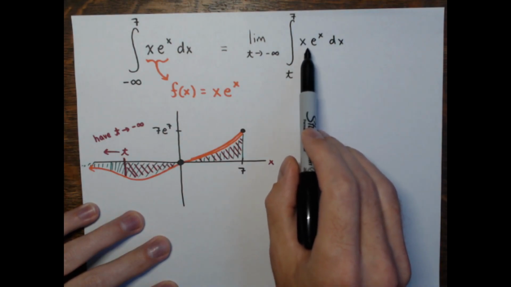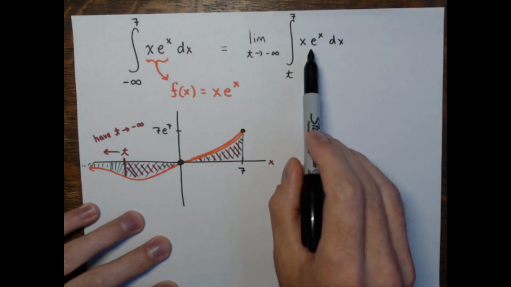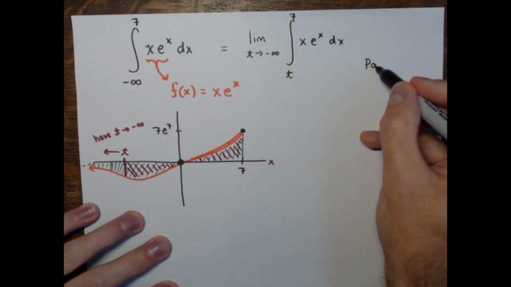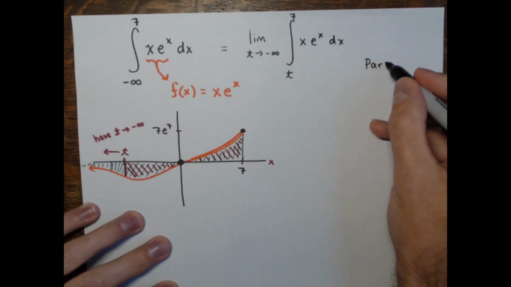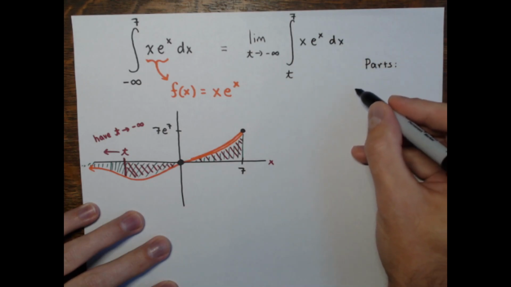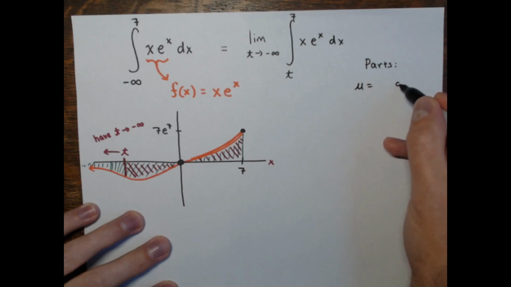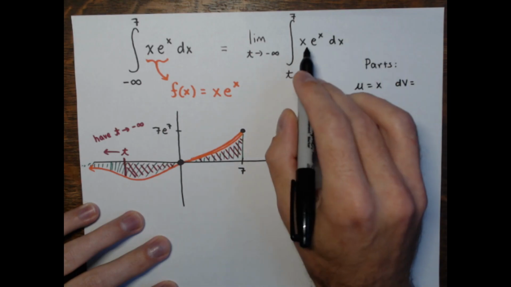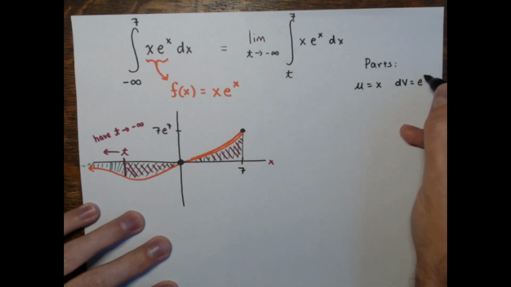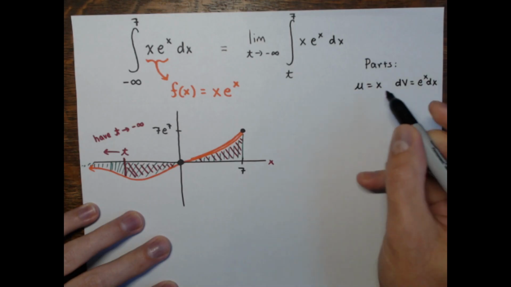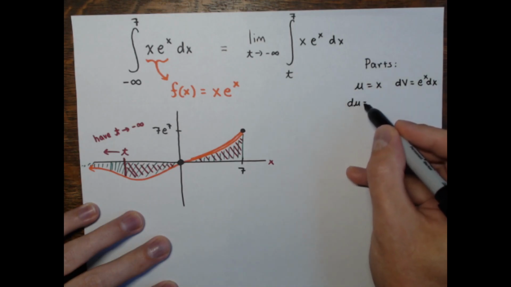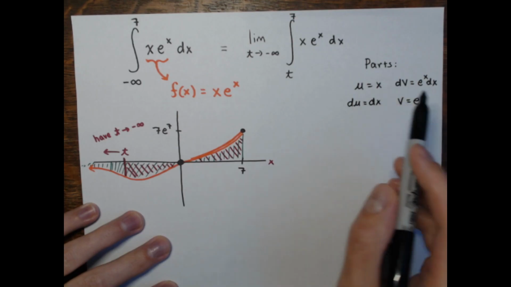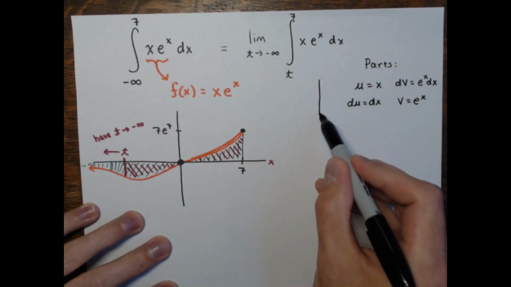All right, so now let's integrate this expression, this x times e to the x, which I would do by parts. That is a product of two different kinds of function. So we have our u and our dv. Now u, I would simply have x be the u and dv be the e to the x dx. Then du would be dx and v would be e to the x, and I'll just skip to the end here.